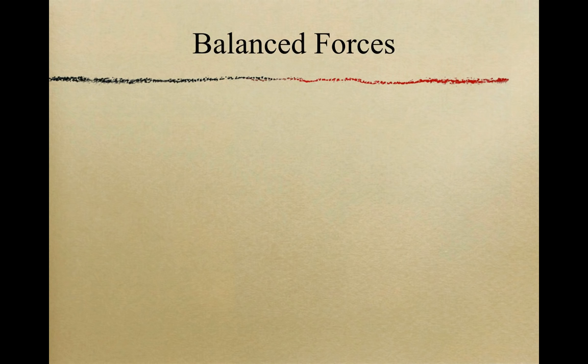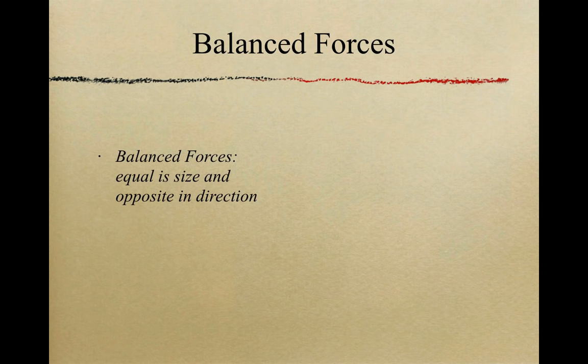Let's first talk about balanced forces. Balanced forces are equal in size, but opposite in direction. Because they are balanced, they cause no change in velocity. Okay, so what does that mean again? Change in velocity. We could change that word to acceleration.